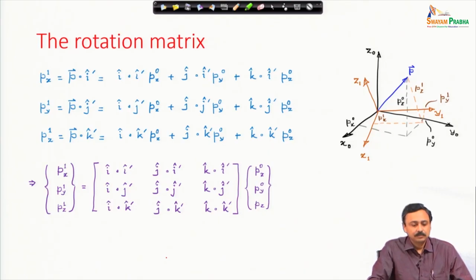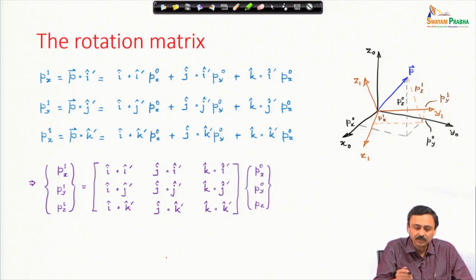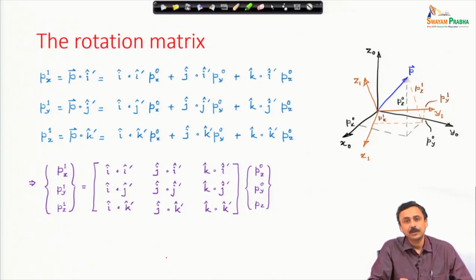Again I can represent these two column vector representations of the same vector through this matrix. Now, this matrix looks slightly different, because now I have taken dot product with I cap prime, j cap prime, k cap prime. Initially I had taken dot product with I cap, j cap, k cap.